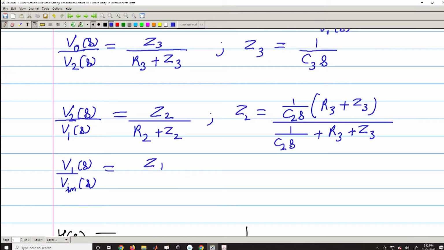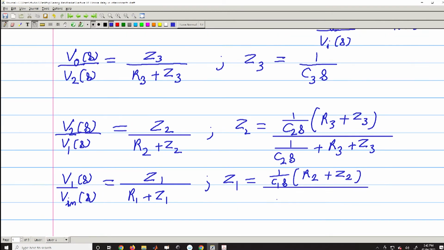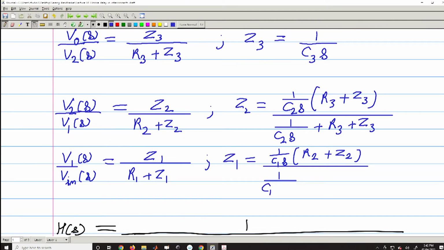So, this is Zin: R1 plus Z1, and your Z1 is the parallel combination of 1 by C1 S into R2 plus Z2, whole divided by 1 by C1 S plus R2 plus Z2.